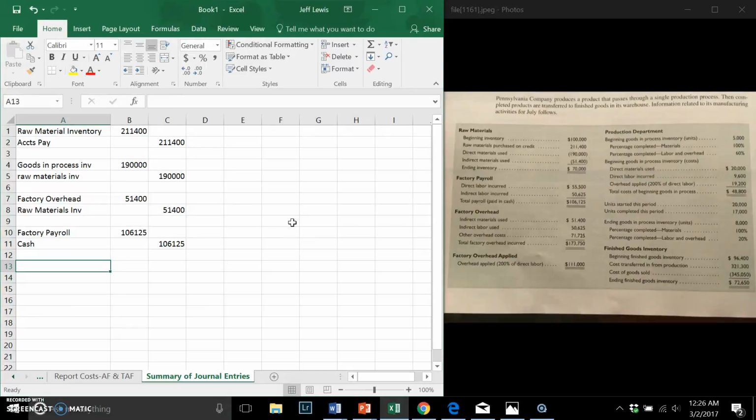We're flying. Now on to part E, which wants us to do entries for direct labor usage. To do that, the two accounts are goods in process inventory and factory payroll.